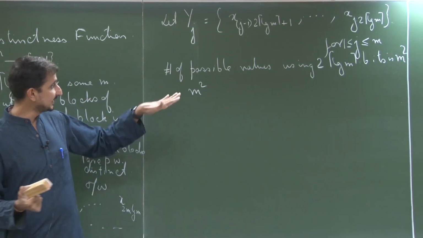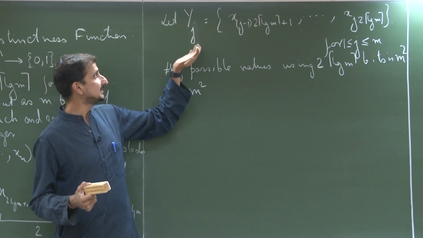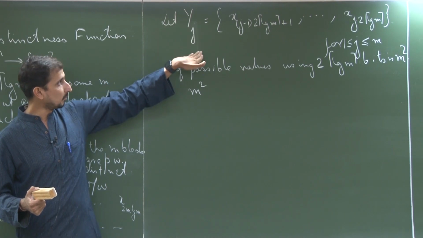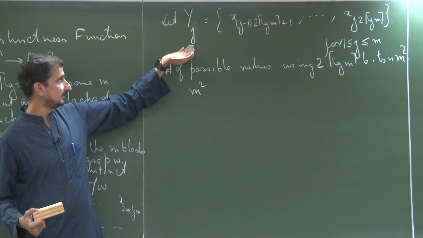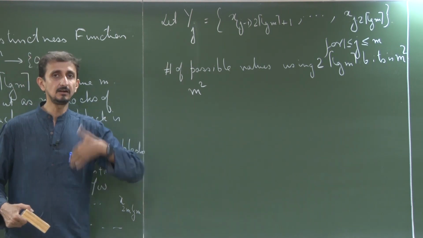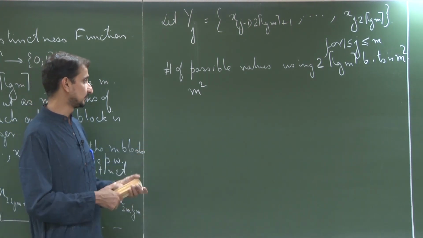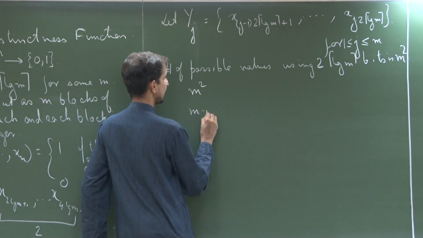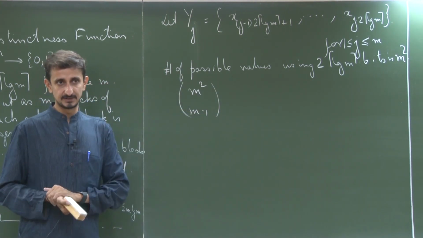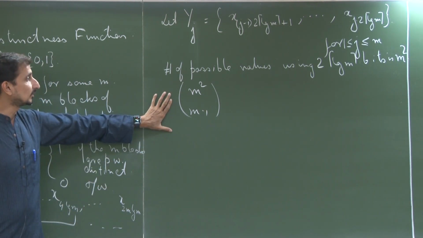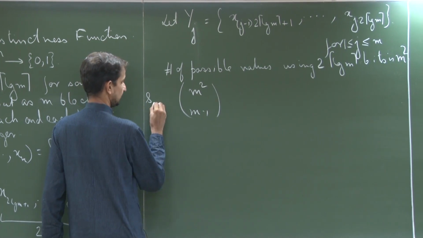When I am looking at these m square many possibilities, the remaining m minus 1 yj's are already fixed. So, this yj now can take any of the other m square minus m minus 1 values. So, there are m minus 1 ways. This is the total number of subfunctions that are possible for Sj.